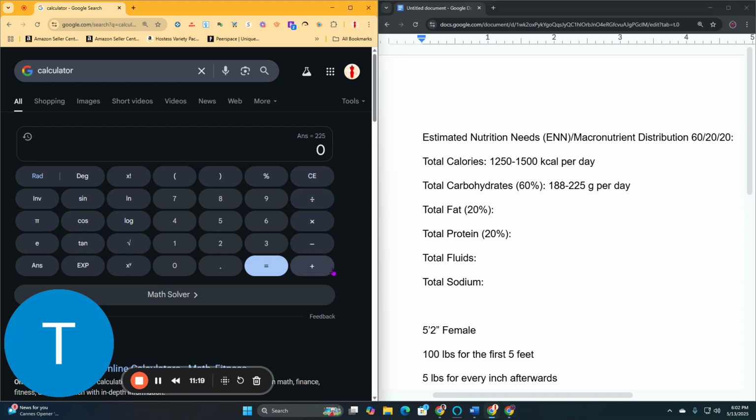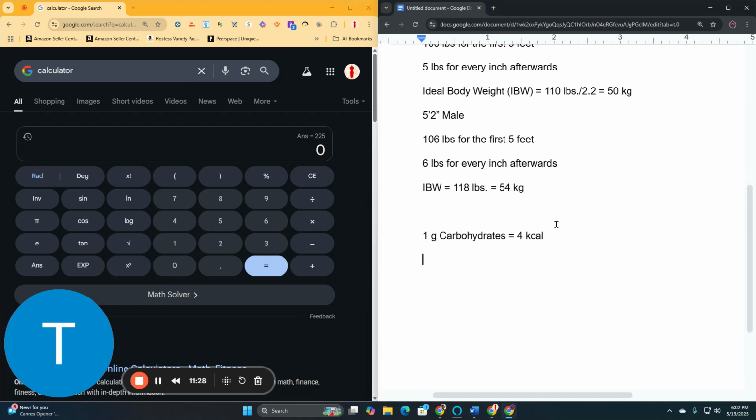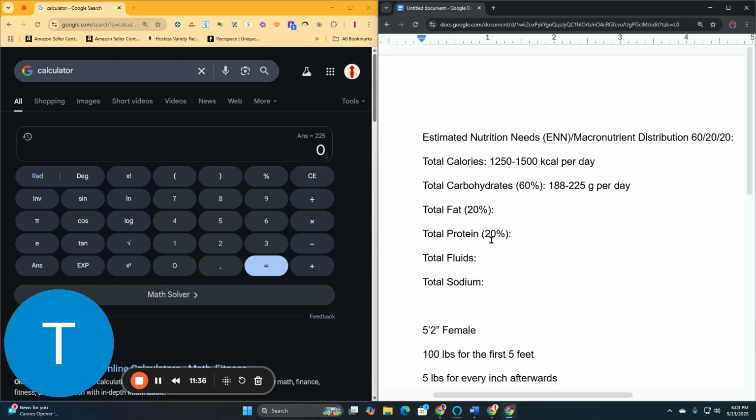Okay, so now to get the fat, same concept, but we have to multiply it by a different factor for calories. So fat, 1 gram of fat equals 9 calories. So you see that can add up pretty quickly. All right, so 1,250 multiplied by 20% equals 250, divided by 9 equals 27.7.